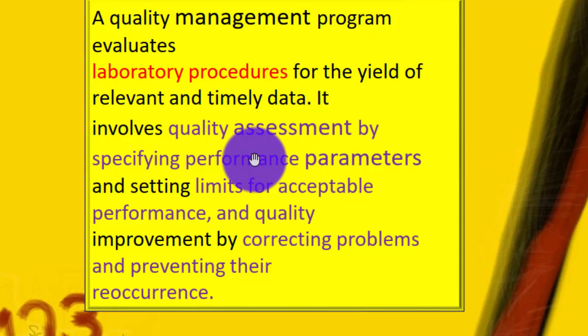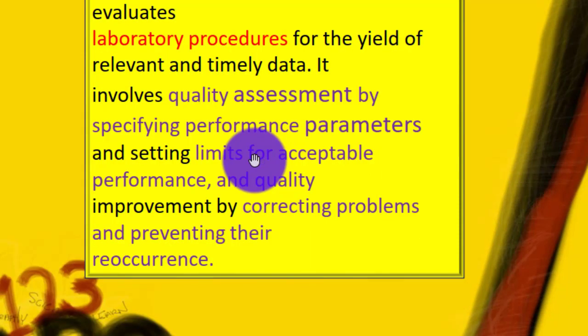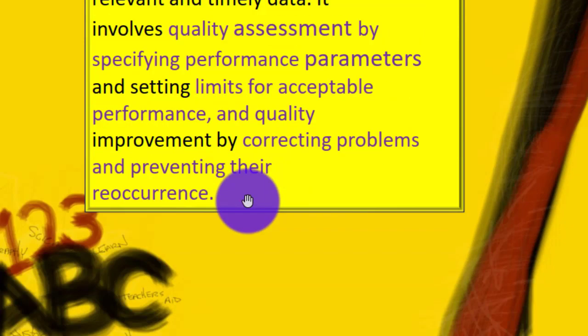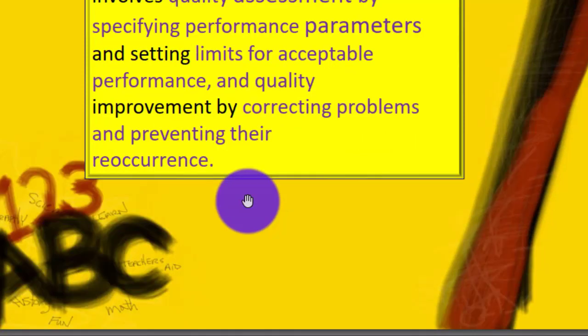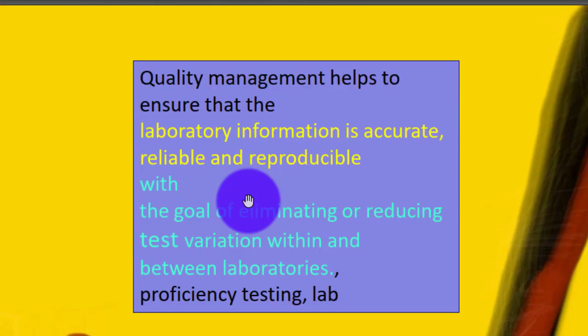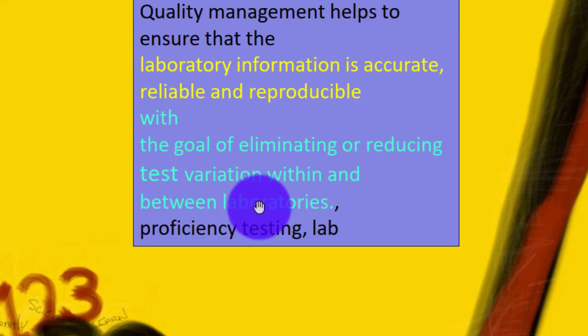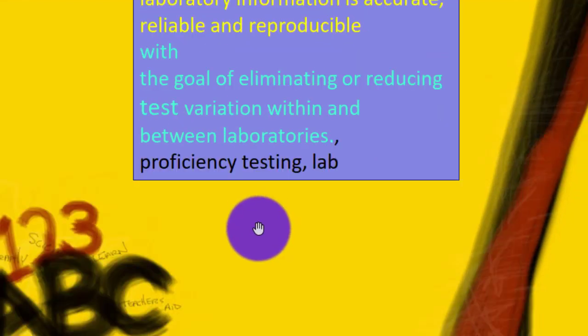It involves quality assessment by specific performance parameters and setting limits for acceptable performance, and quality improvement by correcting problems and preventing their recurrence. Quality management helps to ensure that laboratory information is accurate, reliable, and reproducible, with the goal of eliminating or reducing test variation within and between laboratories.